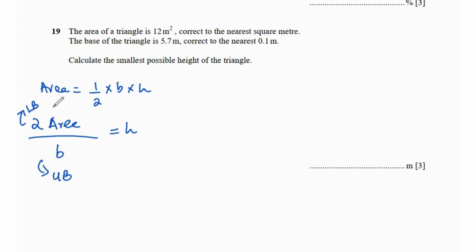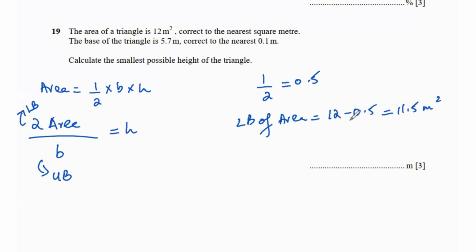So to find the lower bound of the area, it's correct to the nearest square meter. So the degree of accuracy is 1. So we divide the degree of accuracy by 2, which is 0.5. So for the lower bound of area, that's going to be 12 minus 0.5, which is 11.5 meters squared.